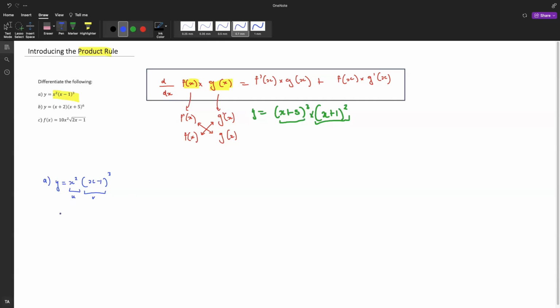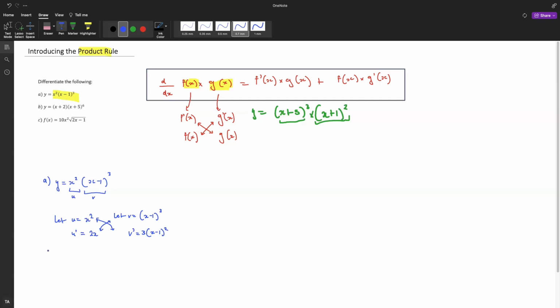So now I'm going to say, let u equal x squared. Therefore, u dash, or the derivative of u, is equal to 2x. Okay? And we're going to let v equal x minus 1 to the power of 3, which means that v dash, or the derivative of v, is going to equal 3 times x minus 1 squared. Okay? And now, to put this together and differentiate it, we do this times this plus this times this.